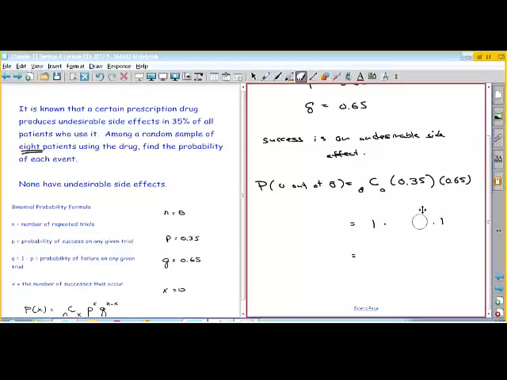Thank you. So this is 0, and that's 8. You're good. Just keep me straight. Okay, so it's just 0.65 to the 8th power, which is 0.0319.